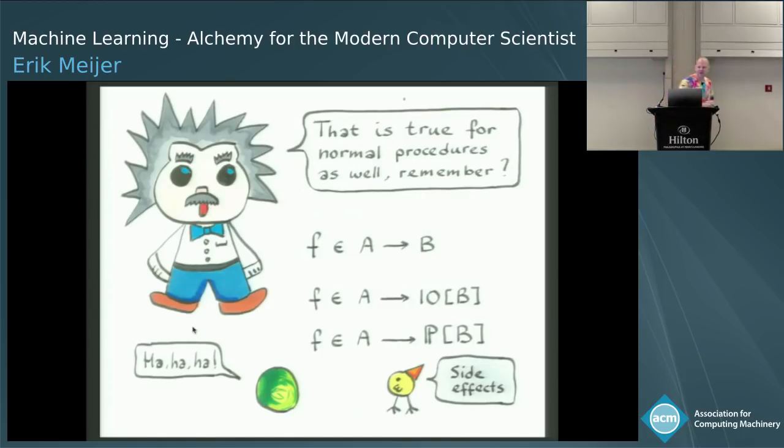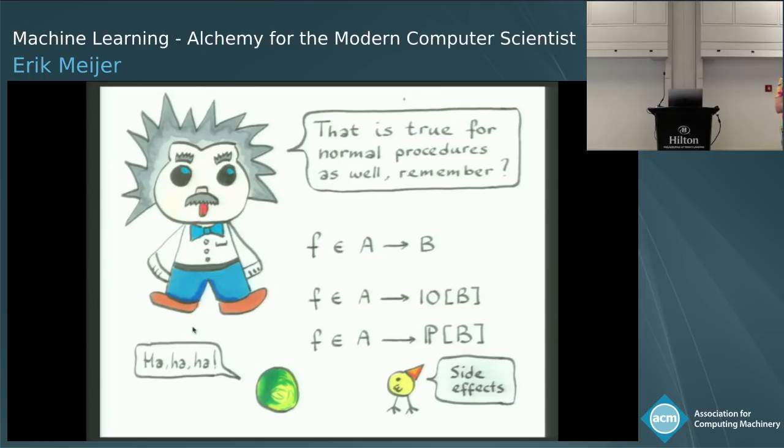Now, of course, as I said in the beginning, even for the functions that we write, that's always the case. Because whenever we say in OCaml or in Java or whatever, we write a function from A to B, really, we write a function of A to some monad, something that describes the effect, to B. So every function that we write in a traditional language is also an approximation.